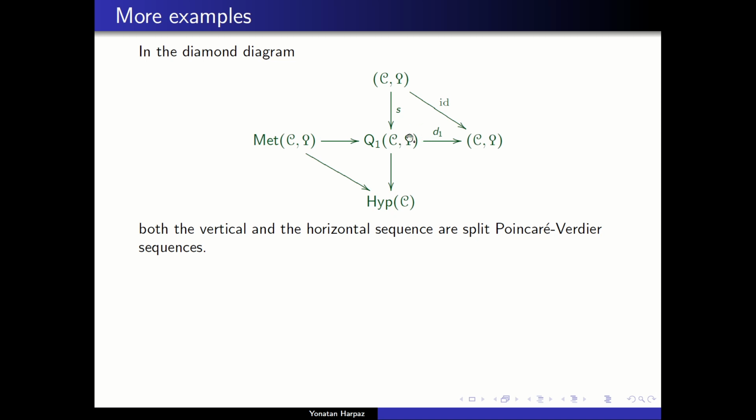The functor d1 from Q1(C, Φ) to (C, Φ), called d1 as it appears in the simplicial object in the Q construction, is the functor that sends a span from X to X' via W simply to X. The fibre of this functor consists of those spans which start from 0.